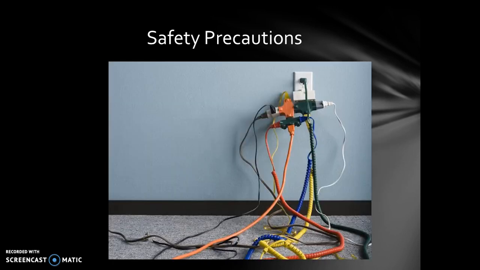Moving on to safety precautions. If you plan on connecting multiple devices to the cord at the same time, you can add up current requirements for each device. The cord will have its amperage number, and this tells you how much amperage the cord can handle.